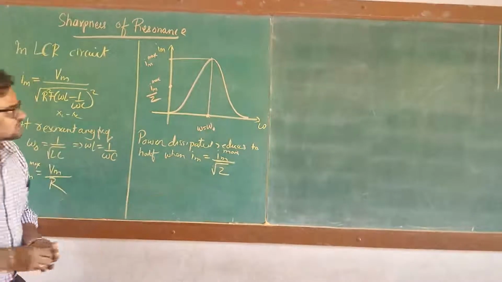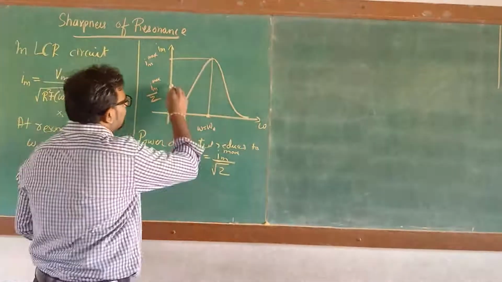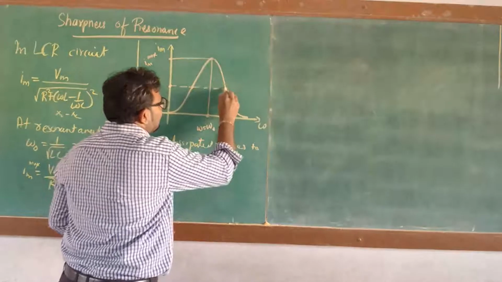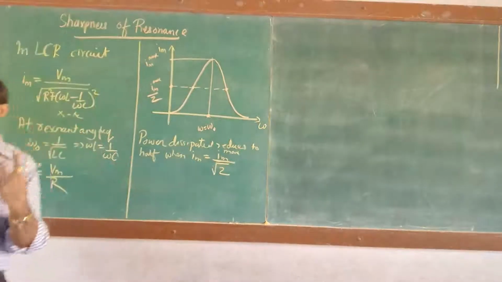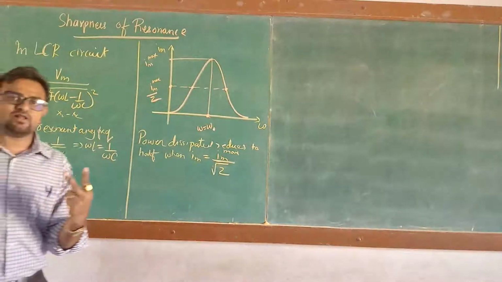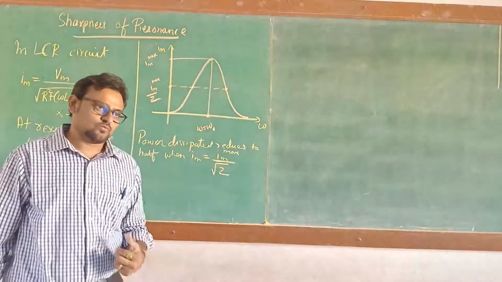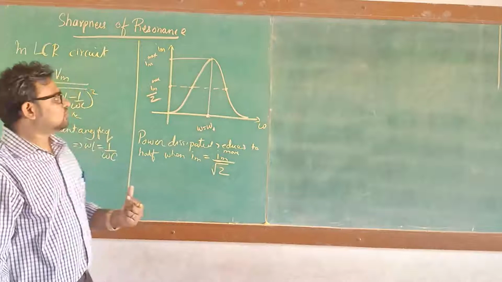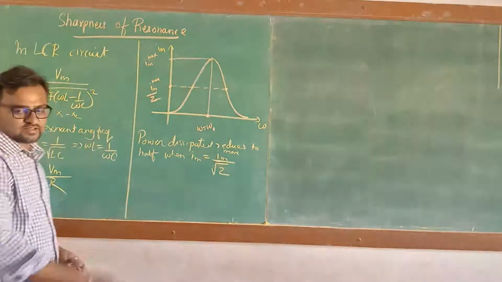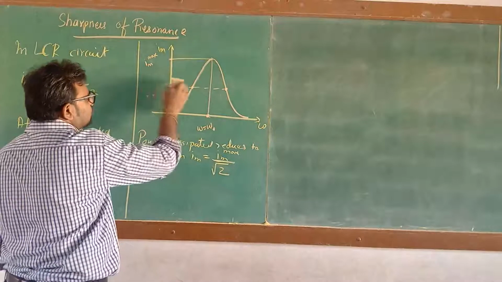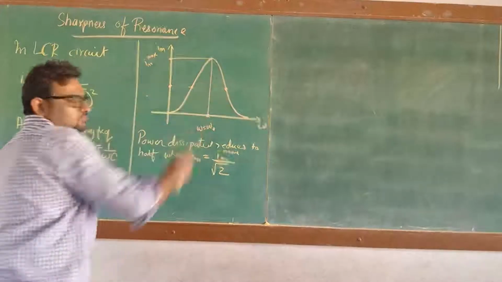Now if we focus on the graph, there are two such positions where we get the value Im max by root 2. Sorry, there is a mistake here. It's not Im max by 2, it's Im max by root 2.